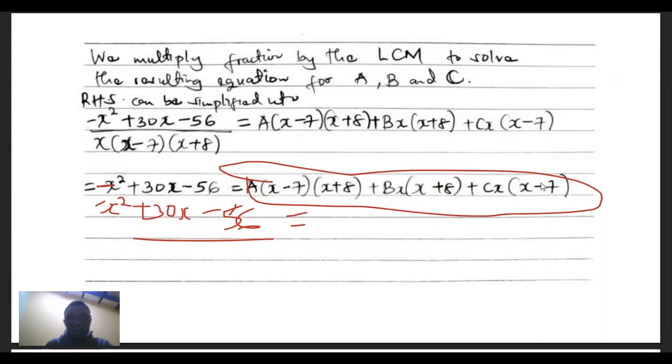Now, after we've multiplied our rational fraction by the least common multiple to form our resulting equation for A, B, and C, we'll solve for the constants.